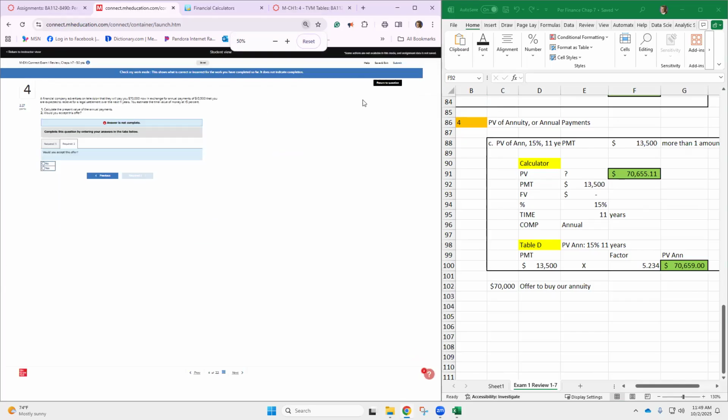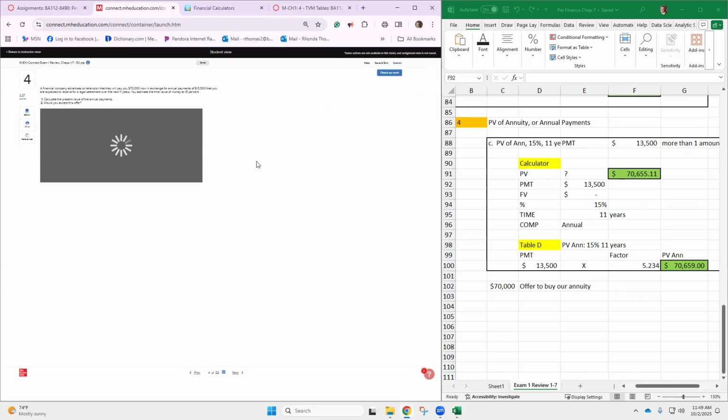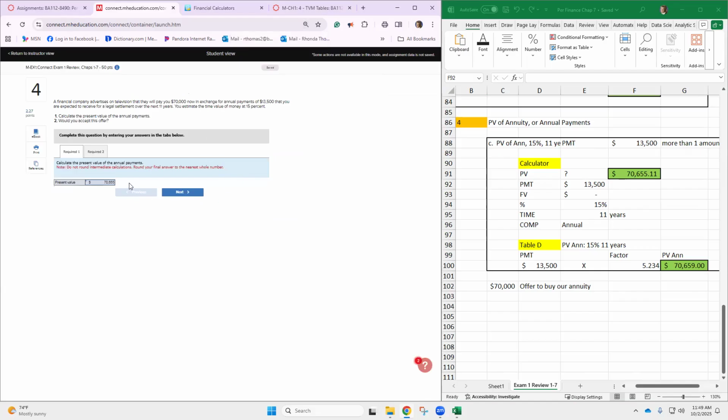So if I really wanted that money now, instead of waiting 11 years for it to come in, maybe I had a bill to pay or needed a down payment on a house, then the difference between the present value of your annuity and what they're offering you is their profit. Okay, that's their profit.